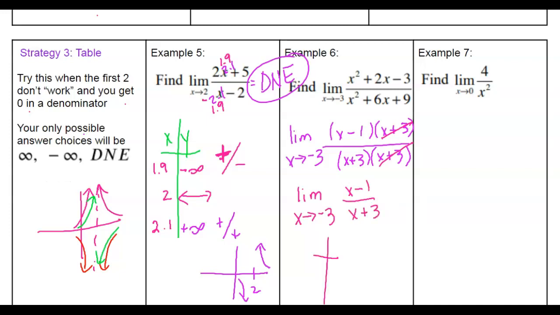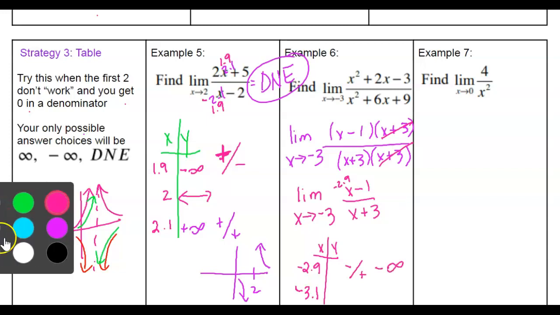Same idea. So I want to try a number smaller and a number bigger. I'm sorry, that's bigger. That one's smaller. Okay, you know what I mean. All right, so if I plug in negative 2.9, I have a negative on top and a positive on bottom. So that's negative infinity.